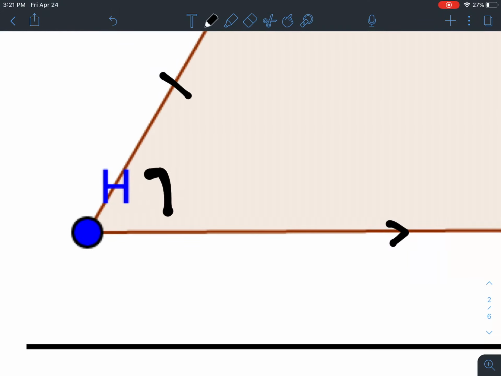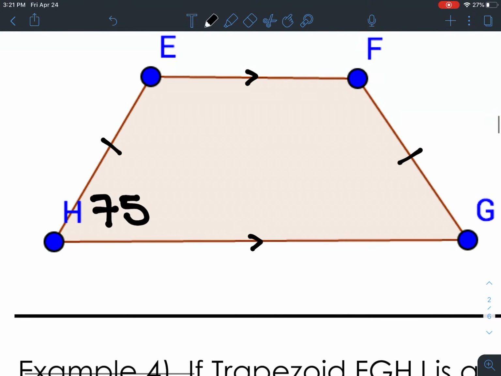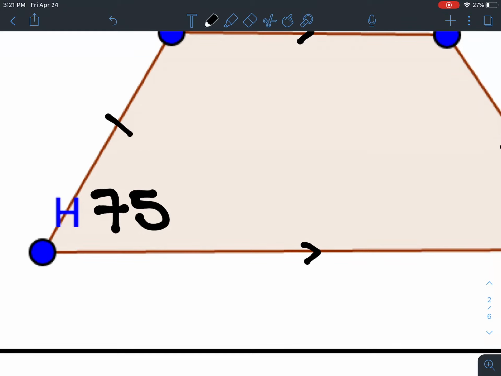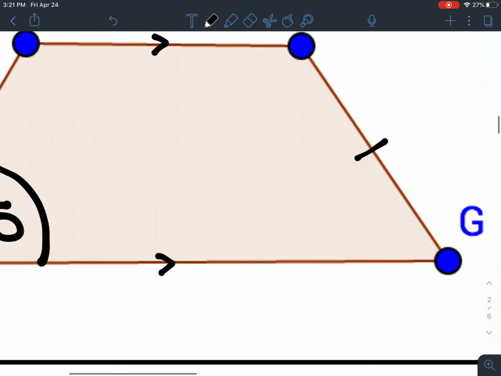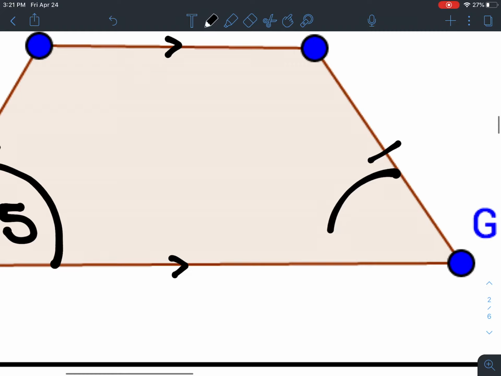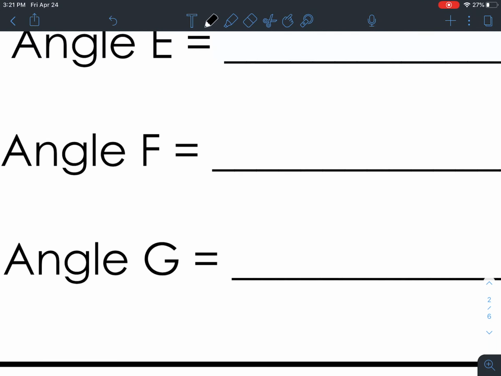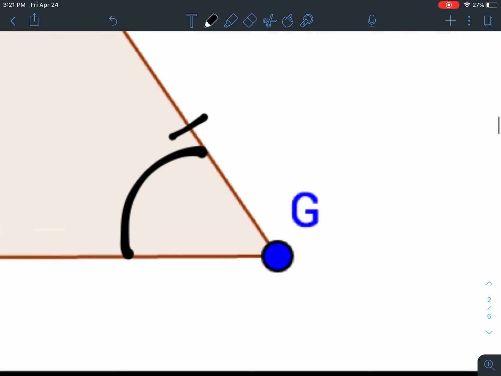Because we know it's isosceles, what do we know about the base angles? They're congruent. So angle H is congruent to angle G, which means that angle G is also 75 degrees.